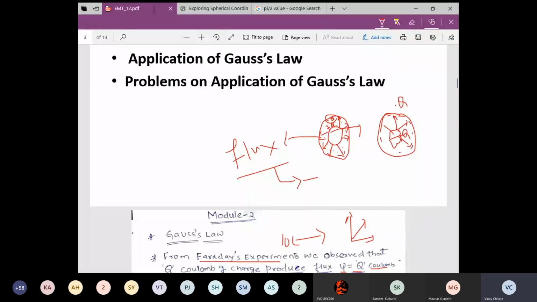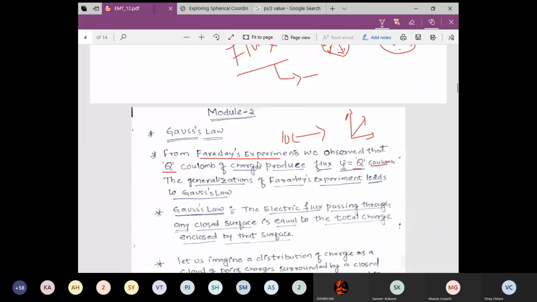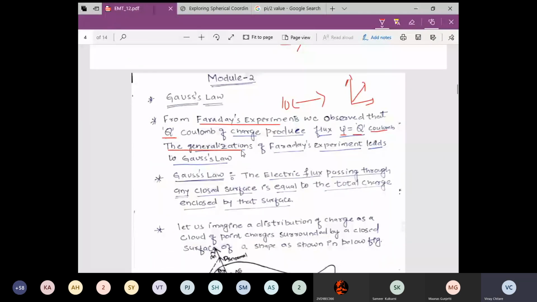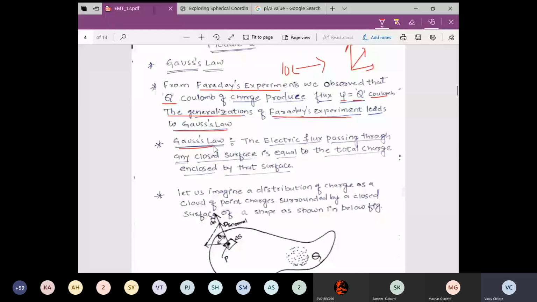So now we can generalize Faraday's experiment, which leads to Gauss's law. Gauss's law says that the electric flux passing through any closed surface is equal to the total charge enclosed by that surface.